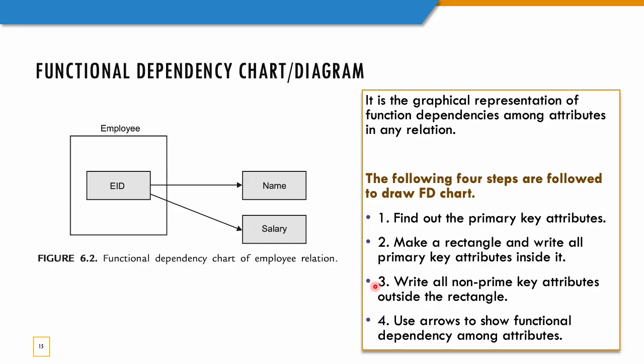The next step is to place non-prime key attributes outside of the rectangle. Non-prime key attributes, those that are not part of the primary key, should be listed outside of the rectangle to show that they don't form part of the unique identifier.